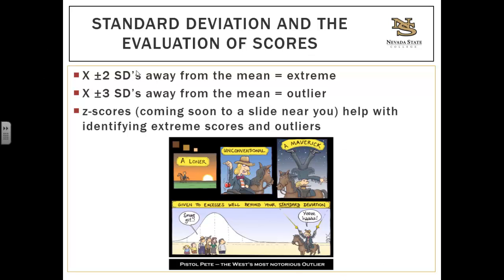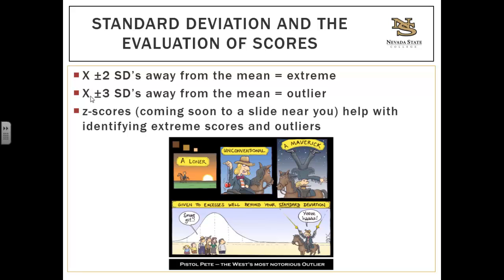If you have a value in your data set that's 2 or more standard deviations away from the mean, we're going to call that extreme. Because in terms of the typical spread of scores from the mean, your score is 2 times or more spread out, or has 2 times or more of the distance from the mean than most scores.